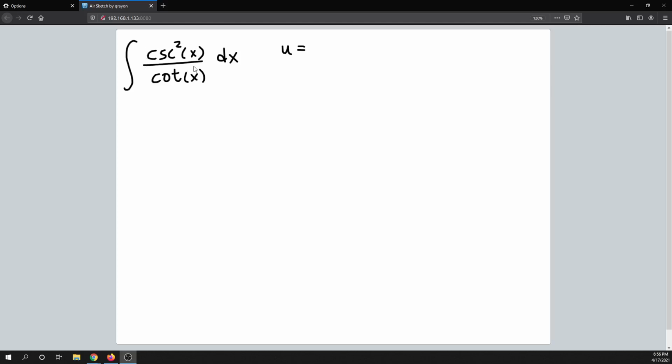There is basically an inside part here with the cosecant, right? Remember, if you have this cosecant squared notation, that is the same as cosecant of x, quantity squared, like this.